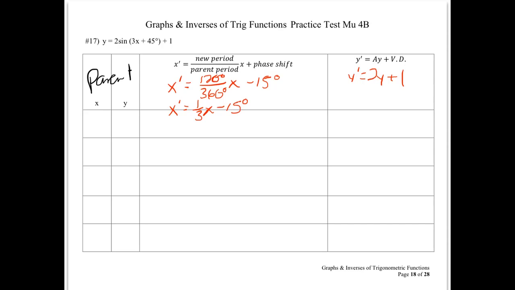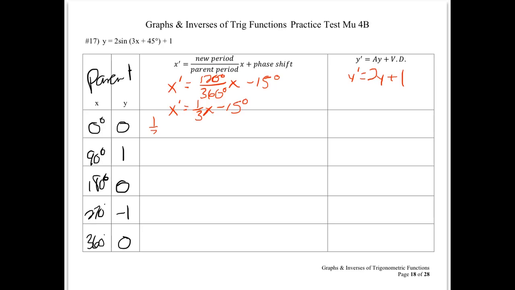So for my parent graph, since I'm using degrees, I'm going to go 0, 90, 180, 270, and 360. For sine, it goes 0, 1, 0, negative 1, and 0. To find my new values, I plug the x values into this new equation.